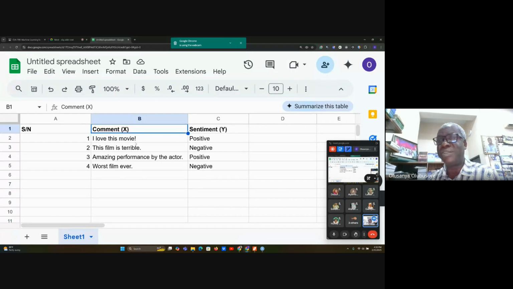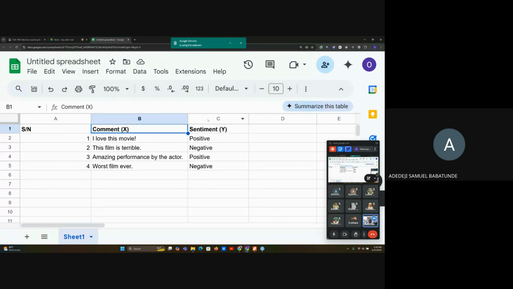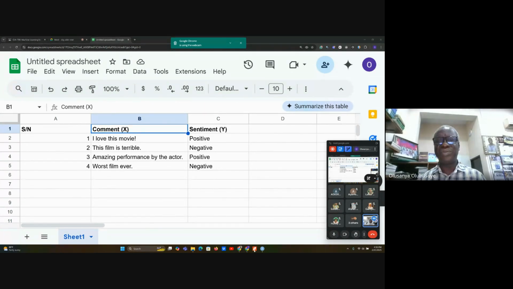It could also be about the recent book launch by the former president. So you can generate the comments, the first person, the second, the third, and so on, and then you can assign the sentiment here. So you have the data that you can use. Is that clear? Yes, sir. Great.